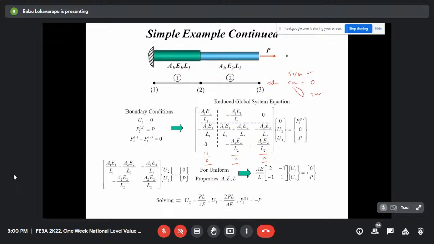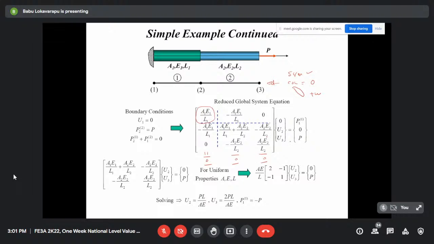Yes, all are positive. Also, a diagonal element should be higher than the other elements present in the row. This is higher than this and this. Similarly, this diagonal element is higher than the other elements of the second row. That also you need to check. Once it is fine, that means your calculations are right for the stiffness matrix.